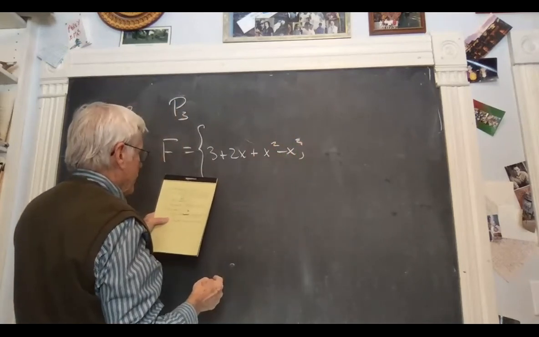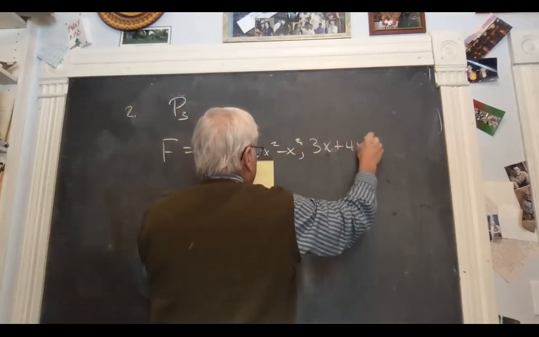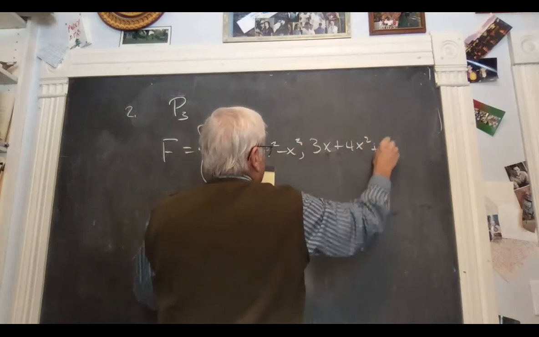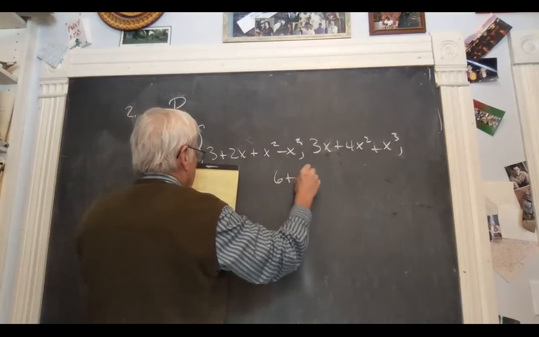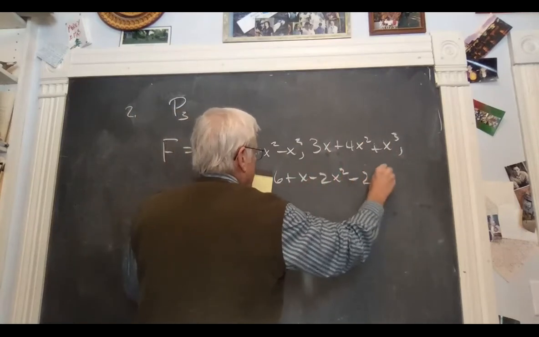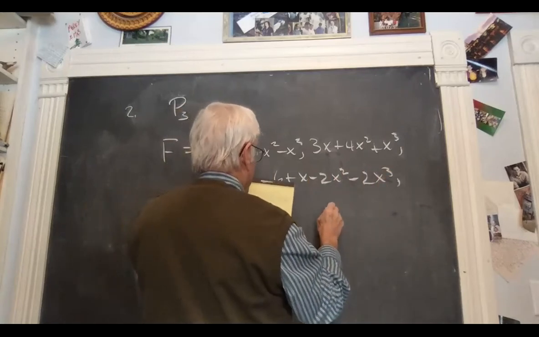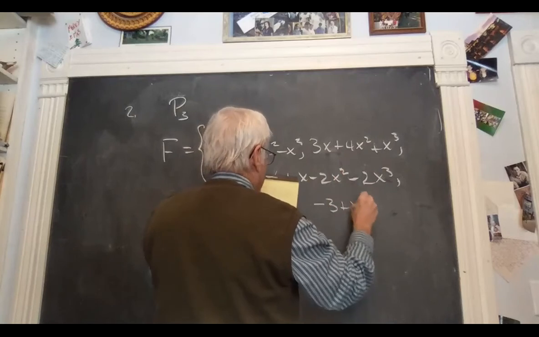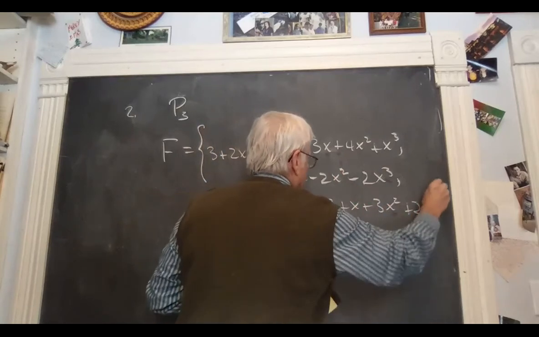And the second one is 3x plus 4x squared plus x cubed. The third polynomial is 6 plus x minus 2x squared minus 2x cubed. And the last one is minus 3 plus x plus 3x squared plus 2x cubed.